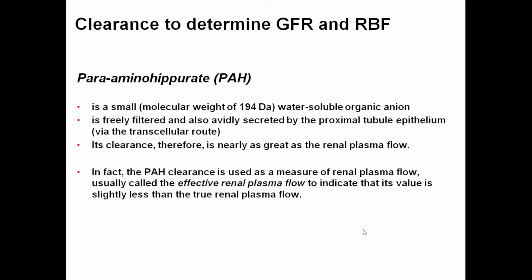The term effective renal plasma flow rate is sometimes used to describe para-aminohippuric acid clearance, since the measurement relates to plasma flowing to functional nephron units. So this is the clearance of para-aminohippuric acid, which is used to count the renal blood flow.